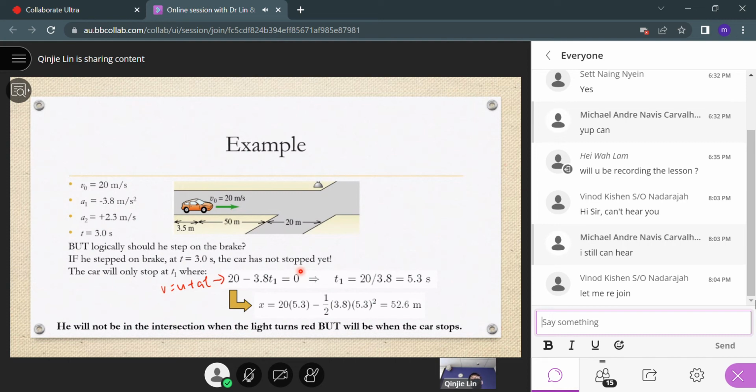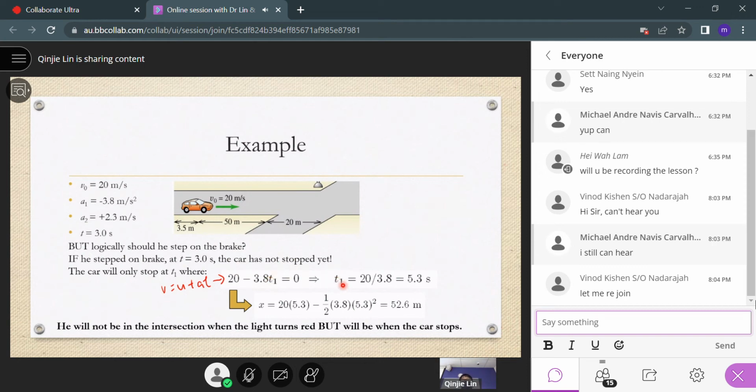Okay, so that itself is actually one piece of information. Then U plus AT, the U, initially you are traveling at 20, so we put here. Then this plus AT part, the acceleration, we are braking, right, that's why it becomes minus 3.8. Then you realize from this equation, you have only T1 to solve.